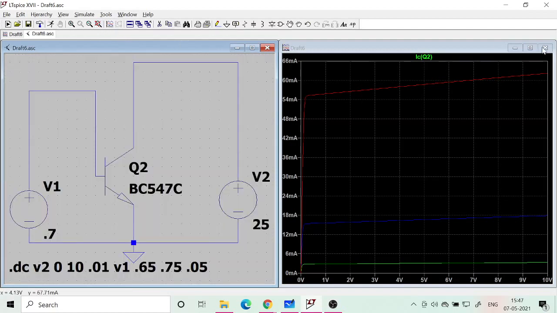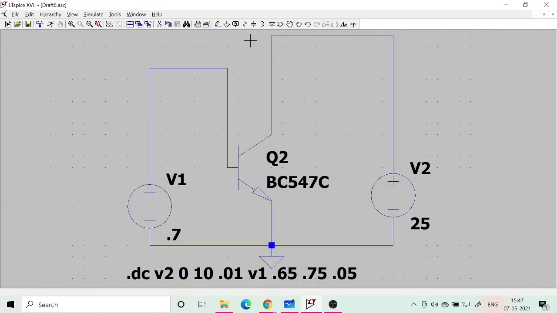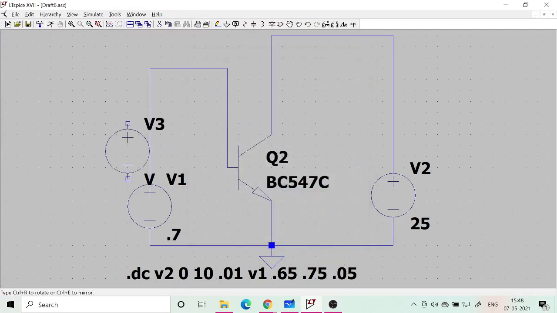Okay, so next is the third part, where you introduce a source. So you go back to the components, you take the voltage, and then introduce it here.